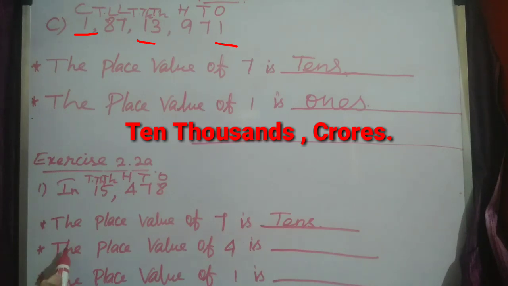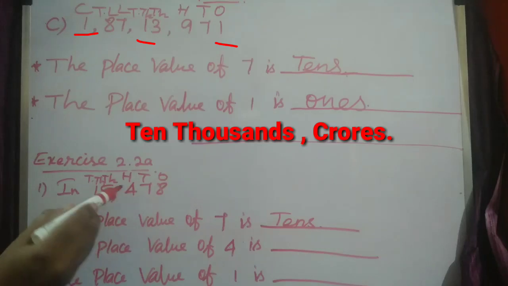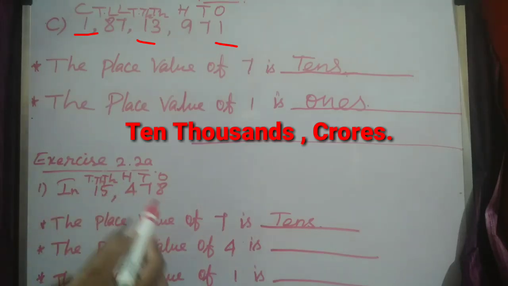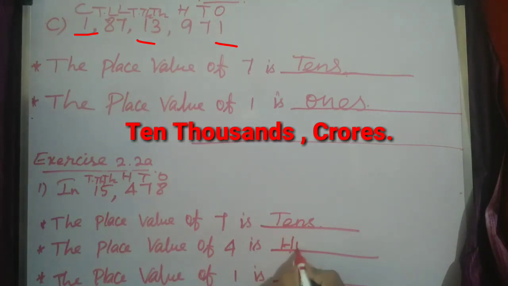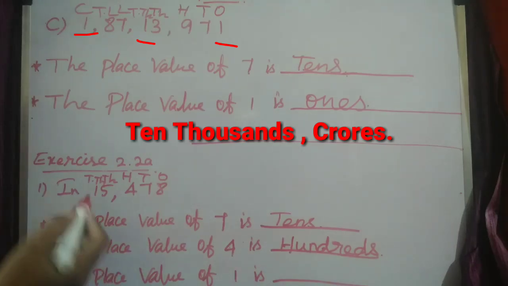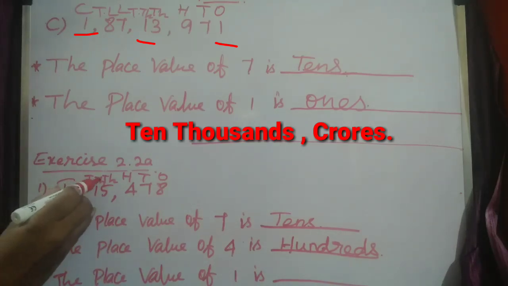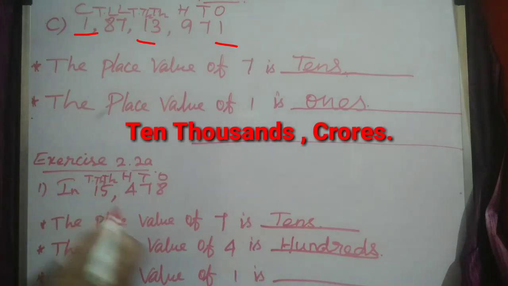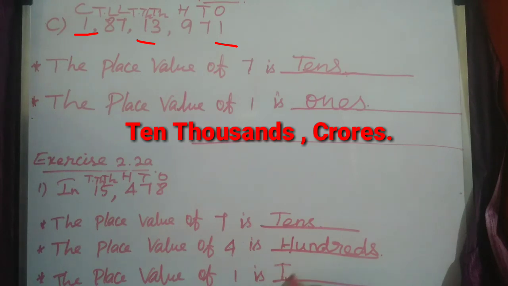The place value of 4 is dash. The 4 occurs in the hundreds place. So 4 into 100, 400. So the place value is hundreds. Next, the third one. The place value of 1 is dash. The 1 occurs in the 10,000 place. 1 into 10,000, 10,000. So the place value of 1 is 10,000.